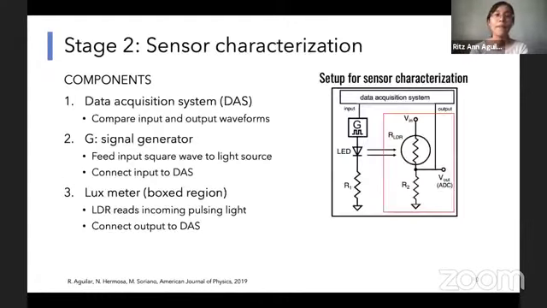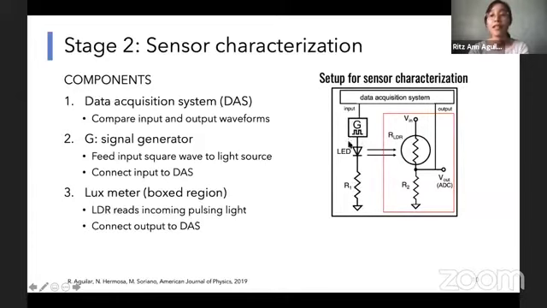Now, for the second stage, of course, you need to characterize or calibrate the sensor itself. Here, the boxed area is the LOX meter system, or the voltage divider system. Its output voltage is connected to a data acquisition system, say an oscilloscope, and then you have a light source here, which is an LED connected also to a resistor.